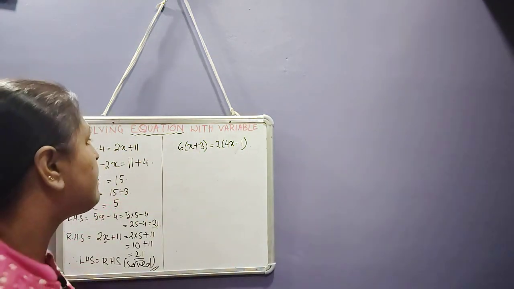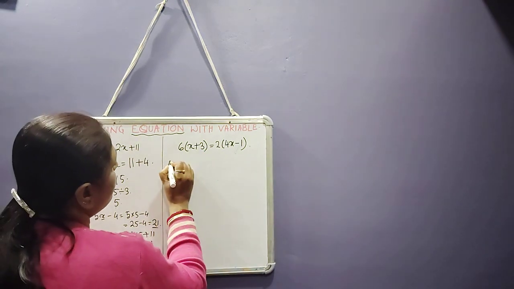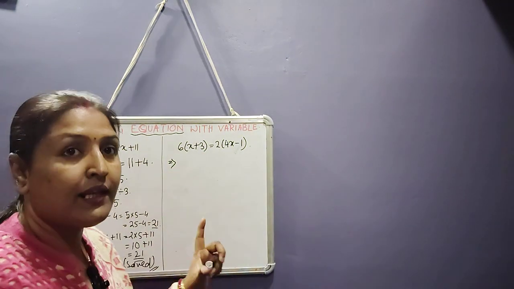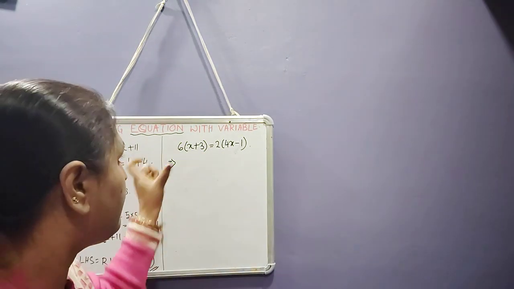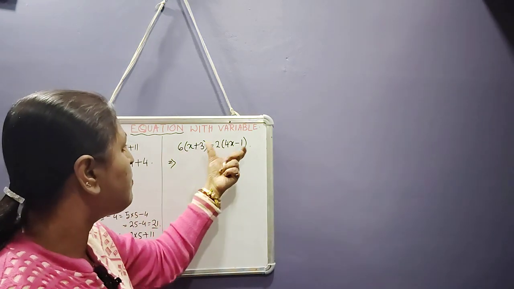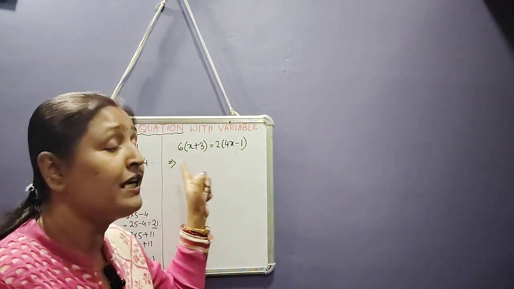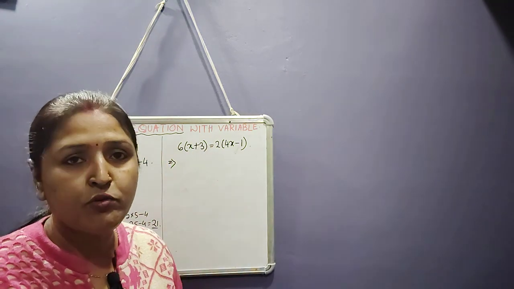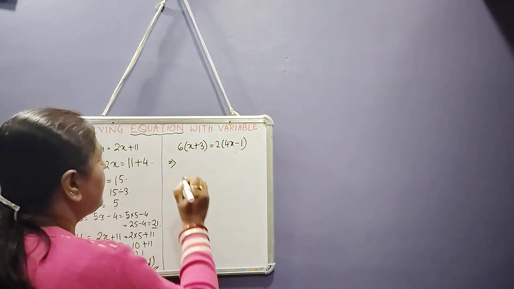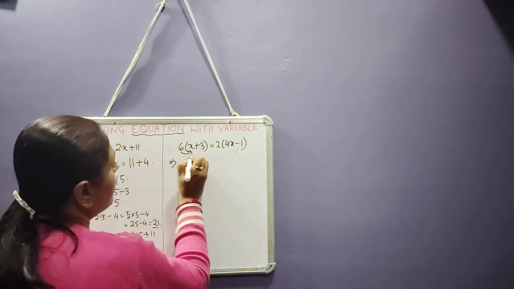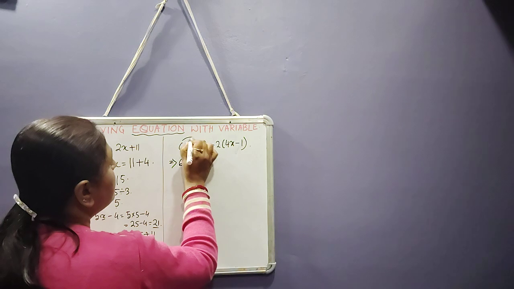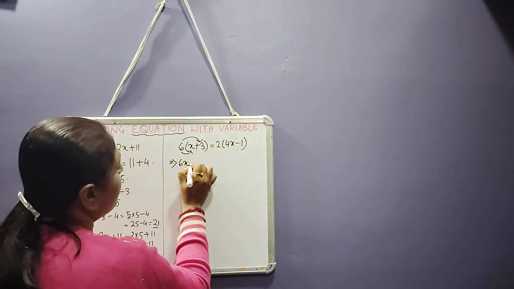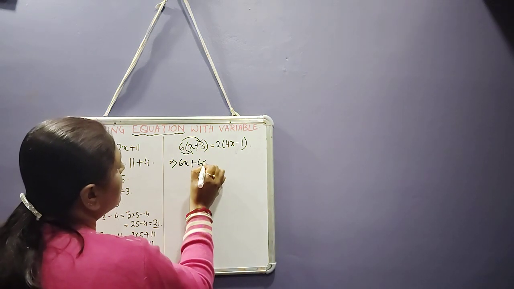Now another example I also wrote for you, so that you can understand the topic nicely. Here also both sides have variables, but here you have to apply the distributive property. What is the property? 6 into x plus 6 into 3.